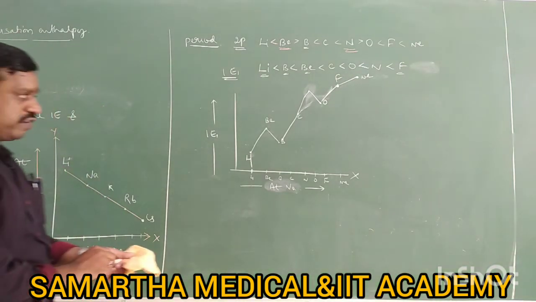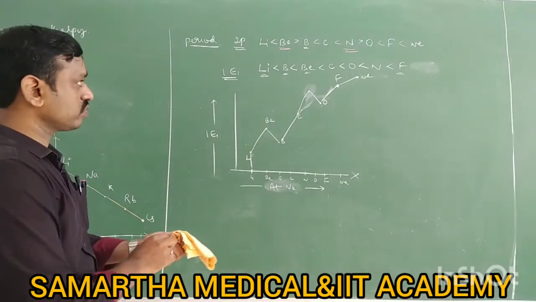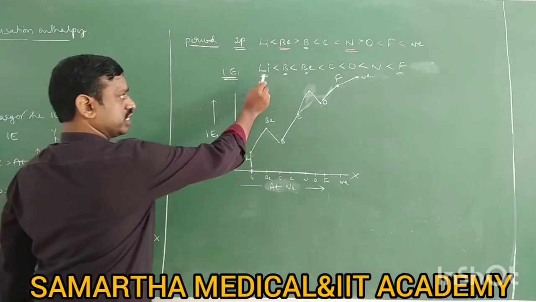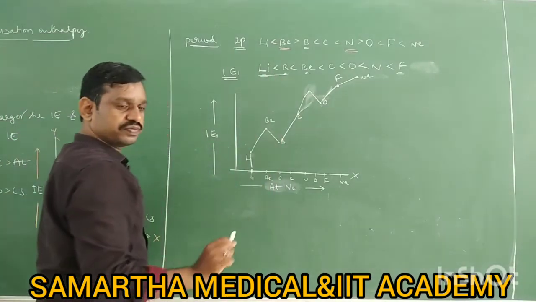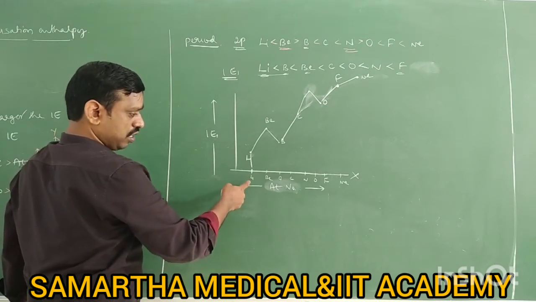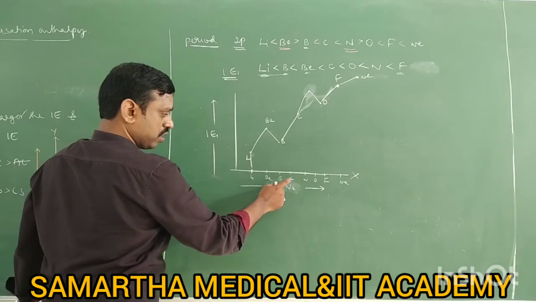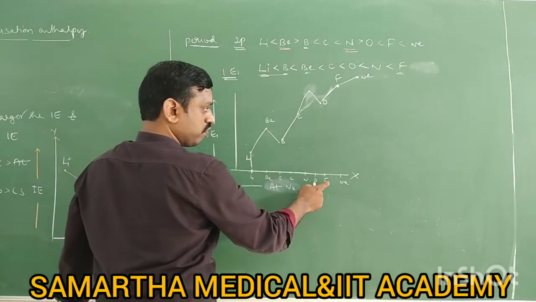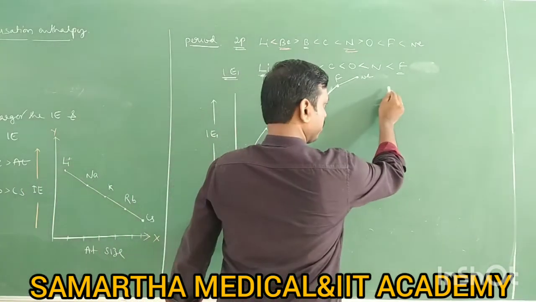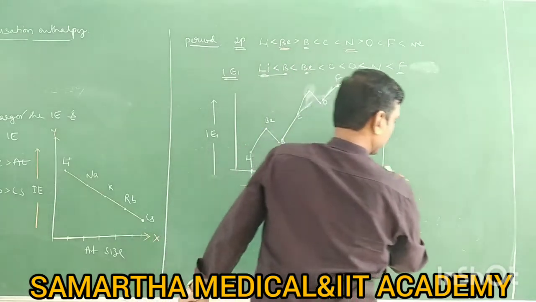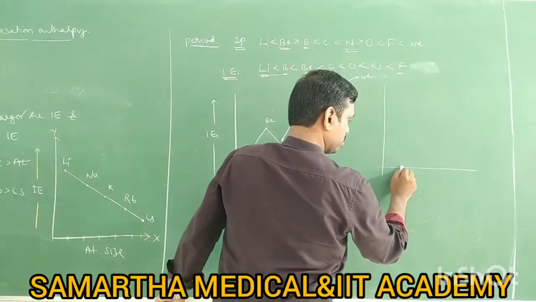I repeat once again, listen carefully, students, don't confuse. I have taken this order to draw the graph. On the x-axis, I have taken lithium, beryllium, boron, carbon, nitrogen, oxygen, fluorine, neon. I will draw a rough diagram once again here. I hope you can understand easily.